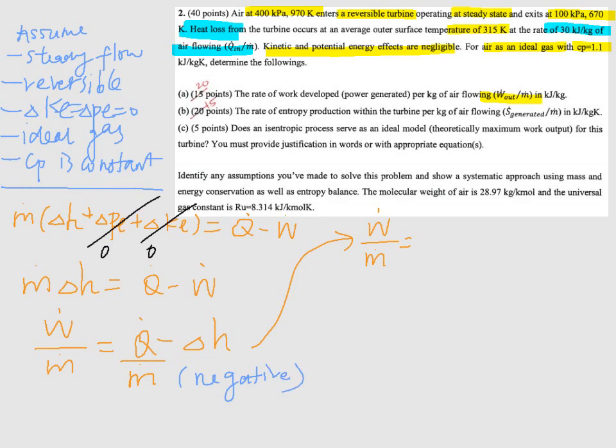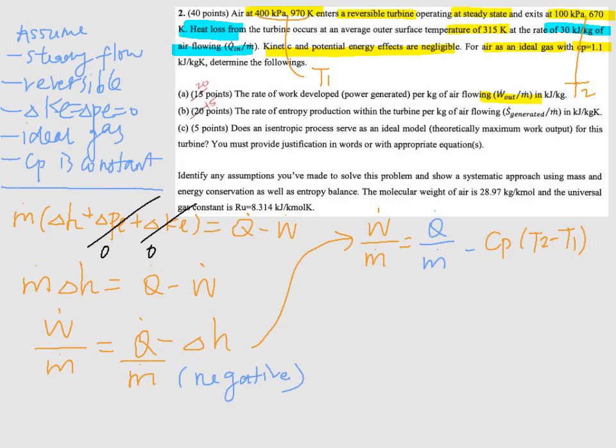Okay, so now we can write out our equation again. It's Q dot over m dot minus delta H, which can be rewritten as Cp delta T, so T2 minus T1. In this case, T2 is here, and our T1 is this 970 K. Okay, so now we have everything.